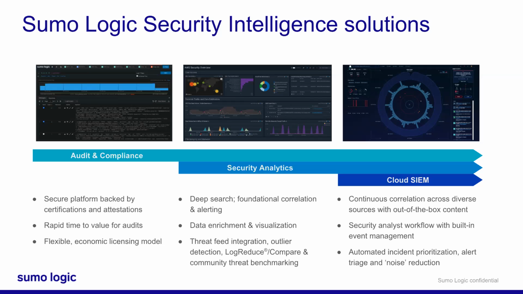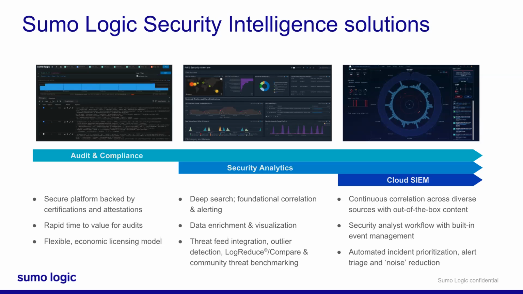So along with this, we have the Cloud SIEM platform. In the Cloud SIEM platform, we provide you automated correlation across all the signals. What you're going to see is a purpose-built interface designed by the analyst for the SOC analyst.